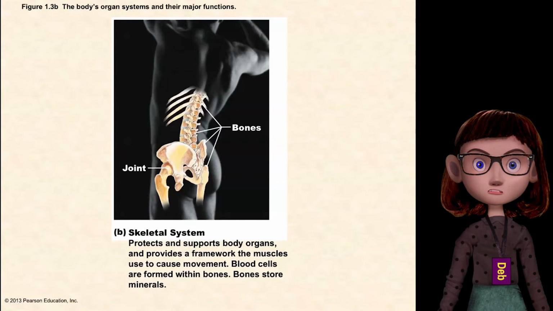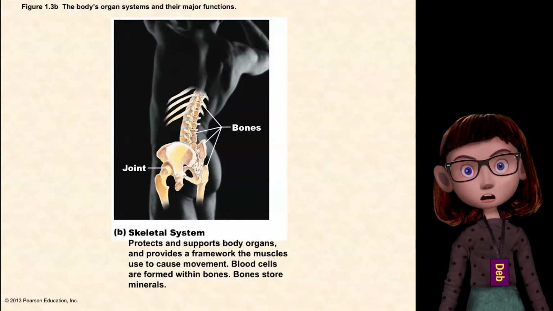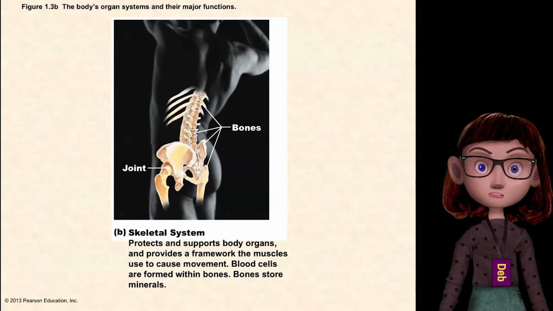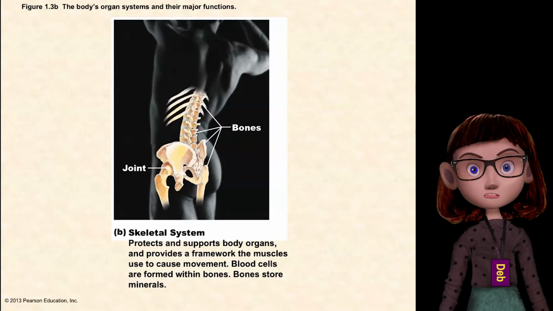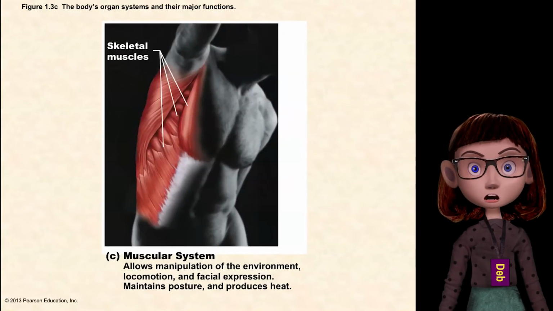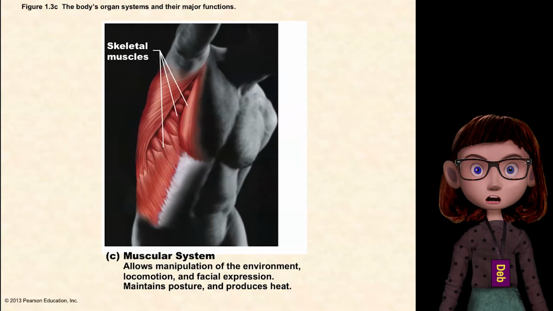Also, there are a few other functions of bones or the skeletal system, and that is blood cell formation, storing minerals, etc. And we have a whole unit on the skeletal system, as well as the integumentary system, which I just passed up. Muscular system, we are going to be studying the skeletal muscles in lab, and also we have a lecture unit on muscle physiology.